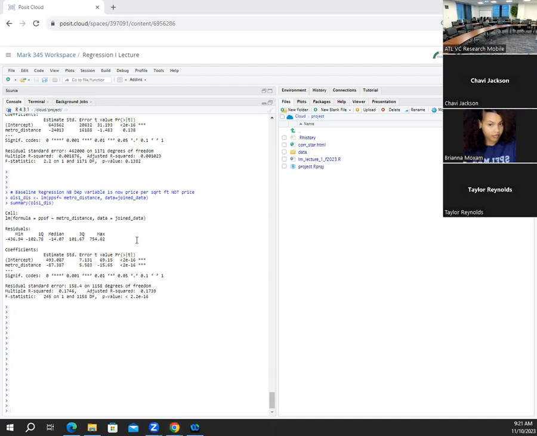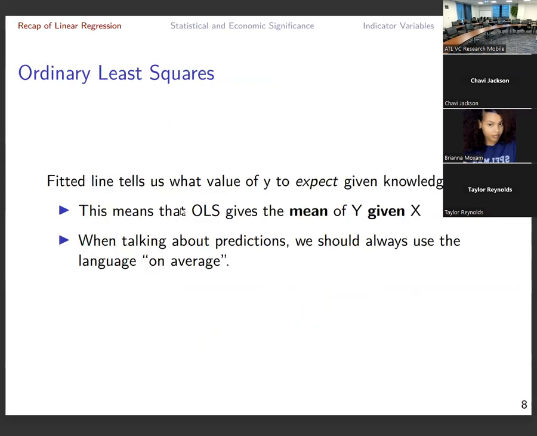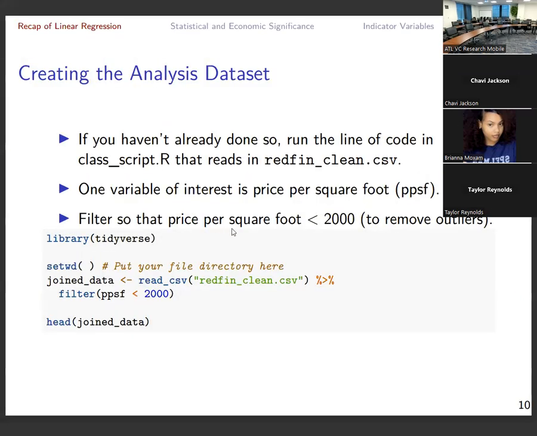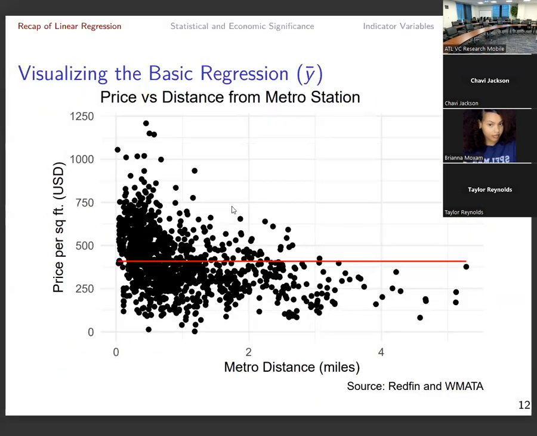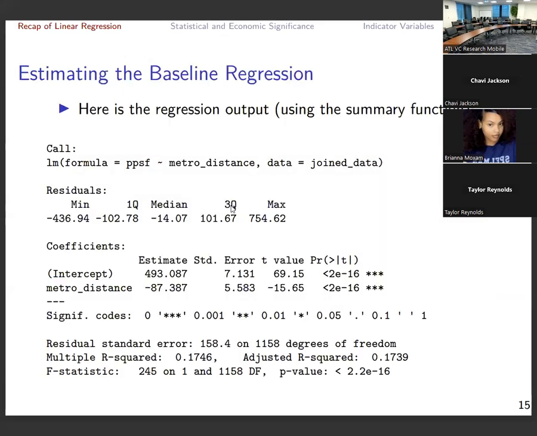Okay, so let me jump up here to this point. That's what we have right here, to blow it up bigger so you can actually see it.